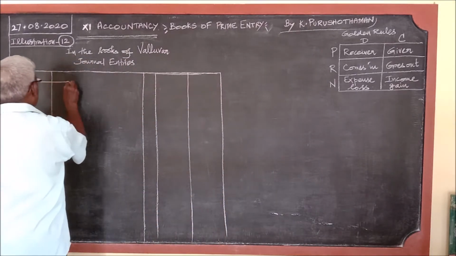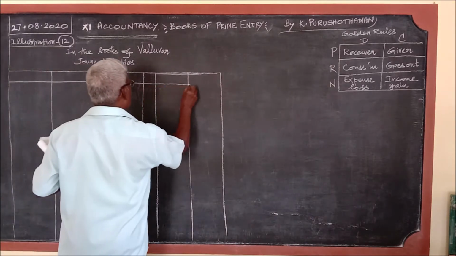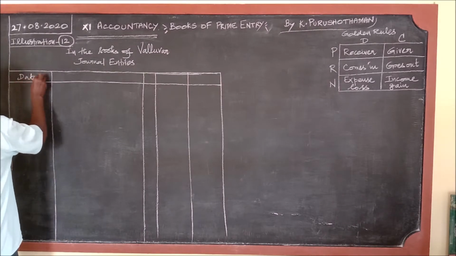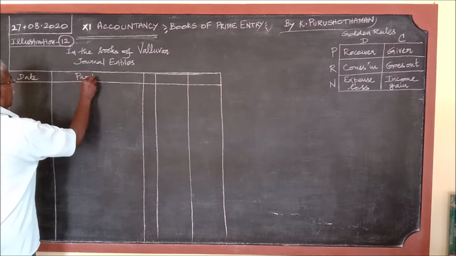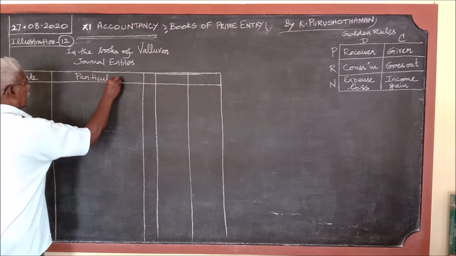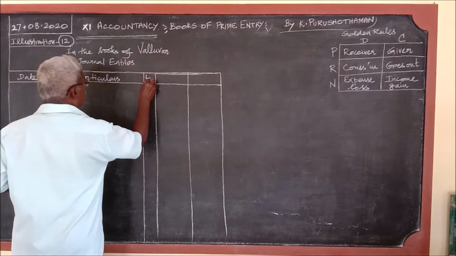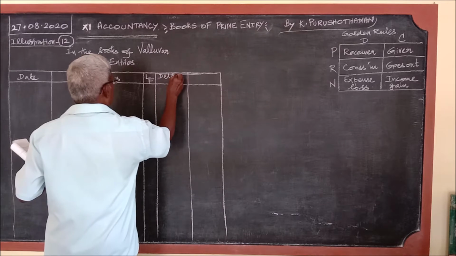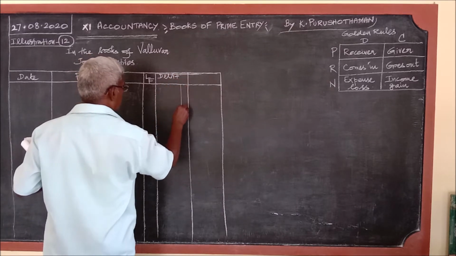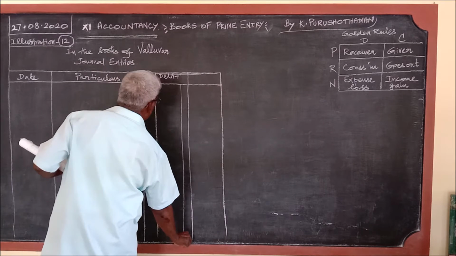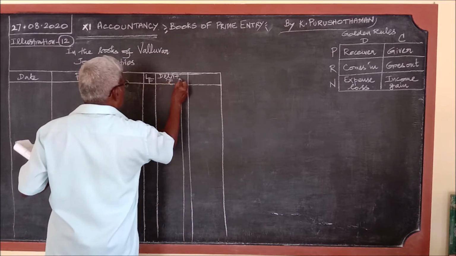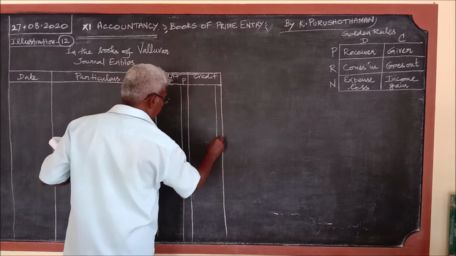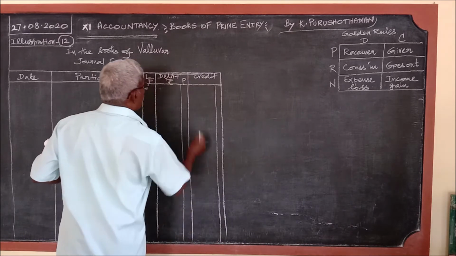So, date, particulars, ledger folio, debit, rupees 5, and the credit, rupees 5.